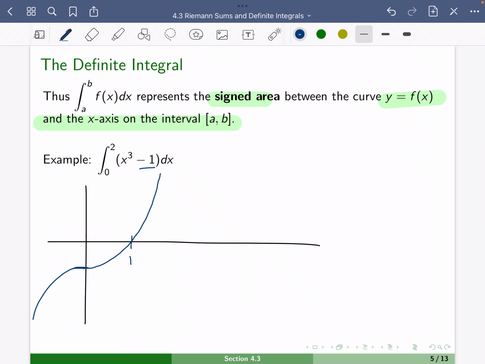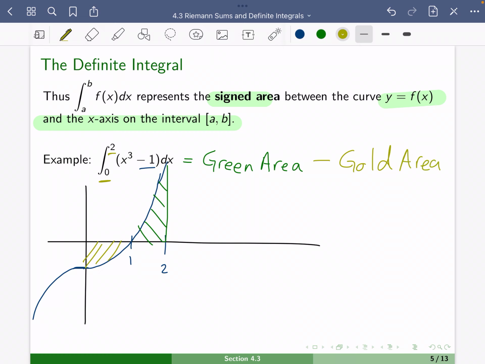So it's going to hit there at 1. If we're going from 0 to 2, then this integral is going to be the green area minus the gold area.